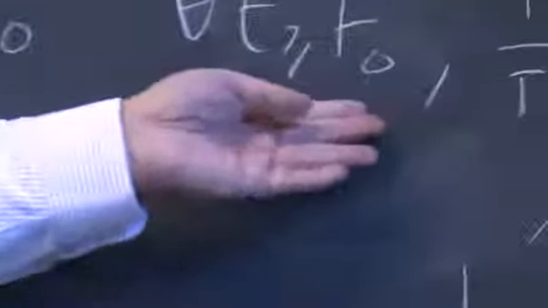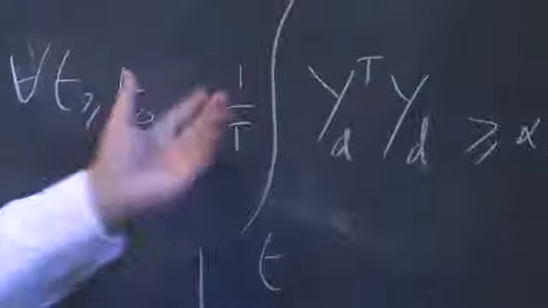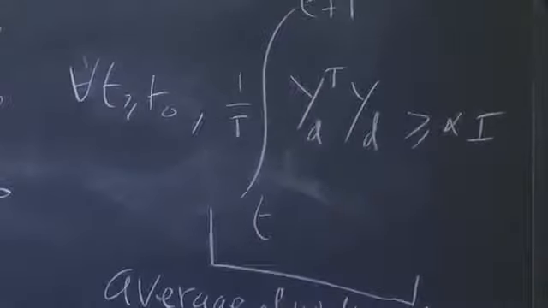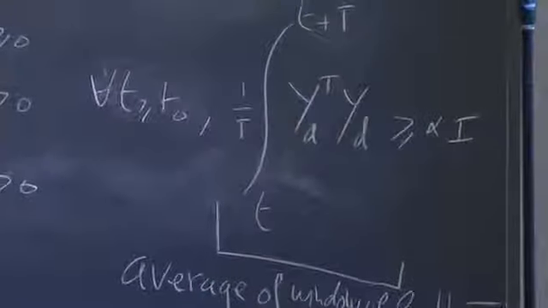Meaning after a while, this may not be true for time equal 0, but you don't care. You care about what happens at time t equal infinity. So after a while, the time average of this matrix Yd transpose Yd remains larger than some positive definite matrix.